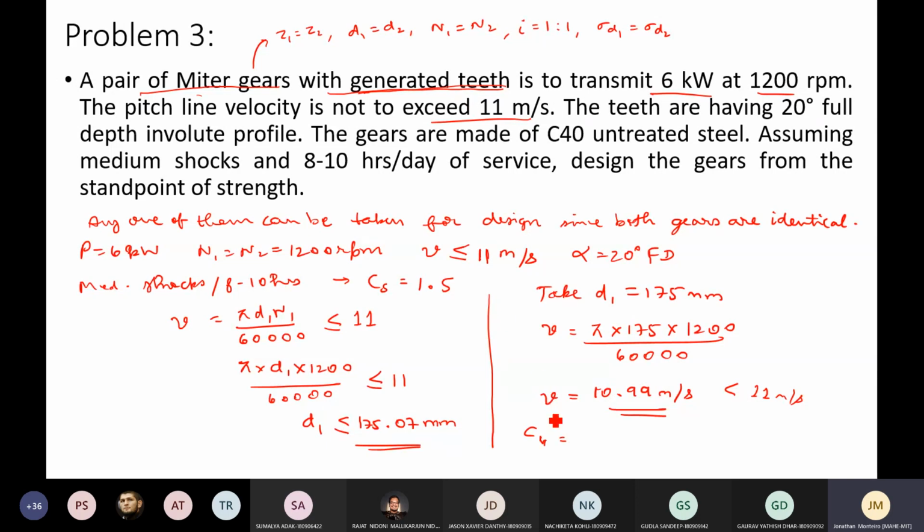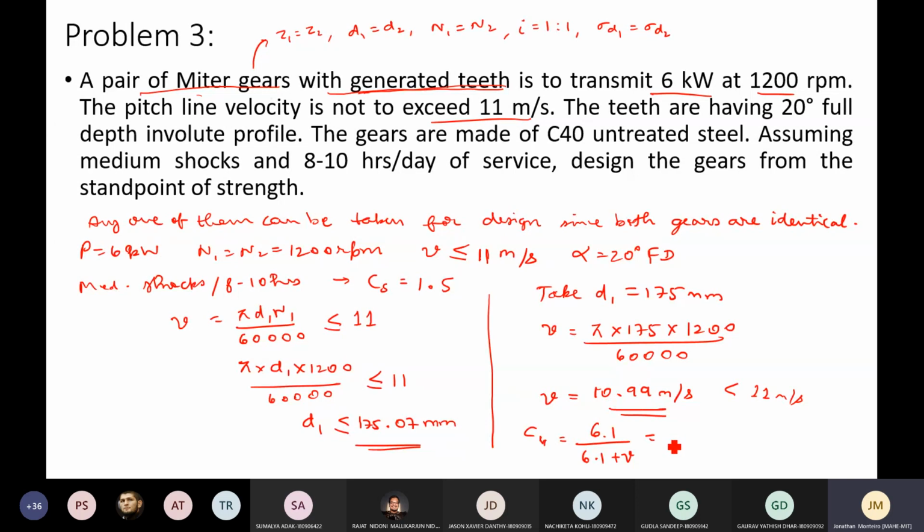So since generated teeth are mentioned, 6.1 by 6.1 plus V will come. We cannot assume form cutters here because it is already mentioned it is generated teeth. So use this 6.1 by 6.1 plus V with the new value of 10.99.